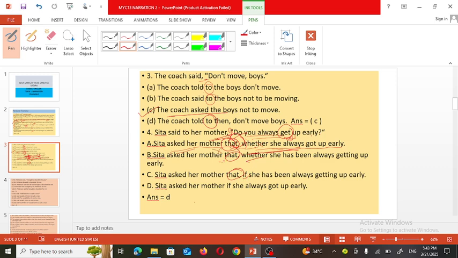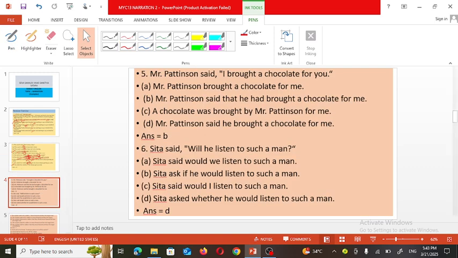So that is wrong, and that's why only option D is correct. Next one. Remember students, only one conjunction can be used here. Next example. Mr. Pattinson said, "I brought a chocolate for you."